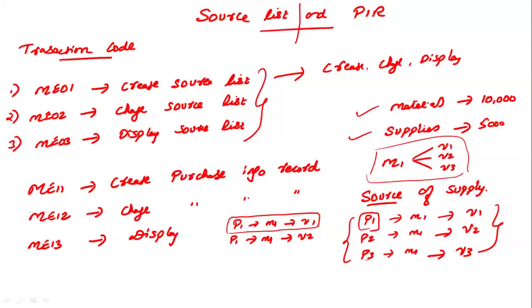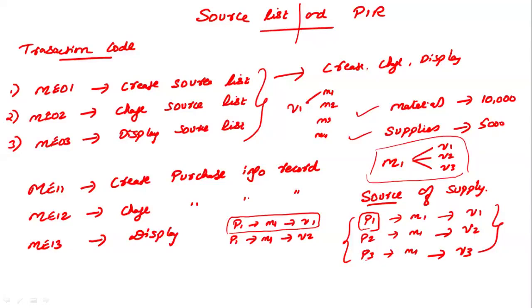If you want to block the vendor for a particular material, for example, one vendor is supplying you multiple goods. V1 is supplying M1, M2, M3, M4. All the materials are good quality-wise, delivery-wise, everything.